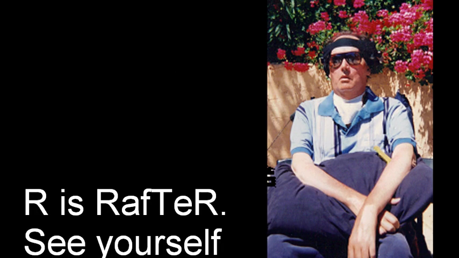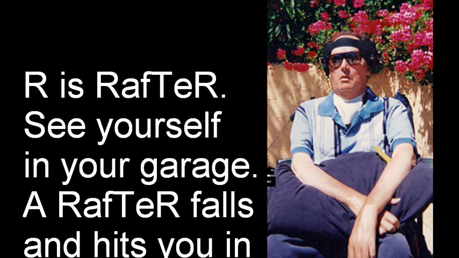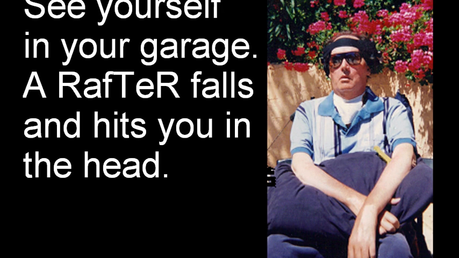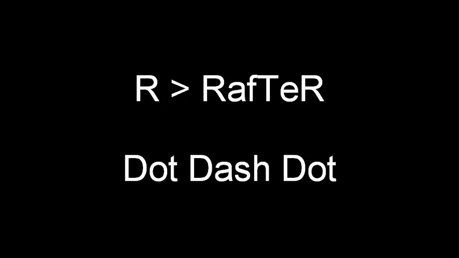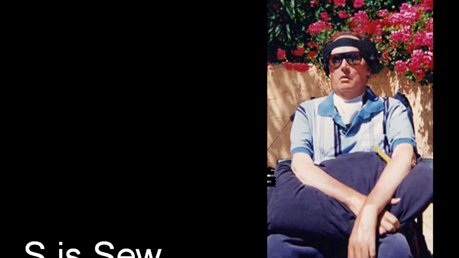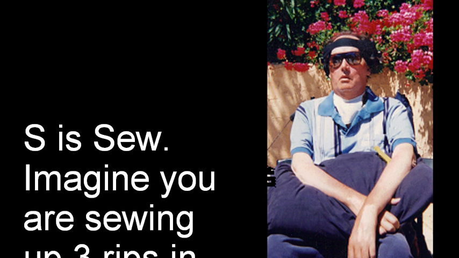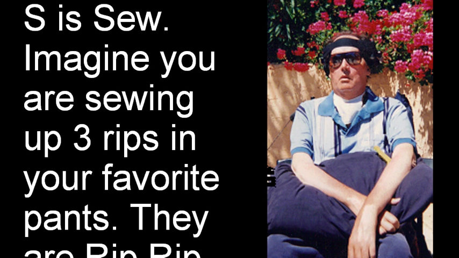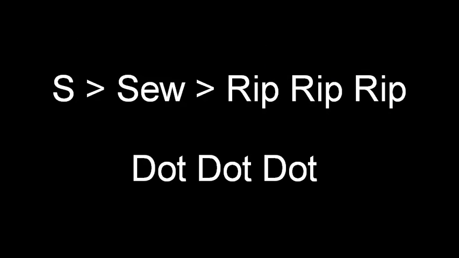R is rafter. See yourself in your garage. A rafter falls and hits you in the head. S is sew. Imagine you are sewing up 3 rips in your favorite pants. They are rip, rip, rip.